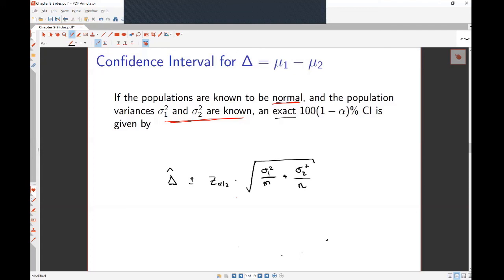And remember, this is an exact interval. As long as you have populations that are normally distributed and you know the variances, then this formula will give you an exact confidence interval with coverage level 100 times 1 minus alpha %.